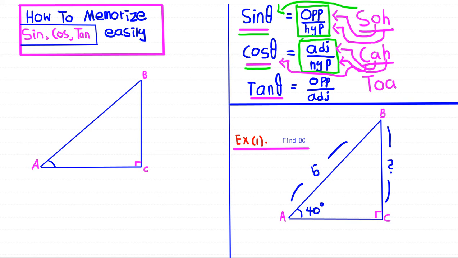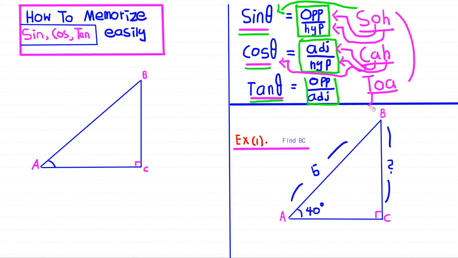And for the last part, tangent theta, we know that tangent theta is equal to opposite side over adjacent side. The last part of the word is TOA, and we can figure out what TOA means if you look at the first and second parts.